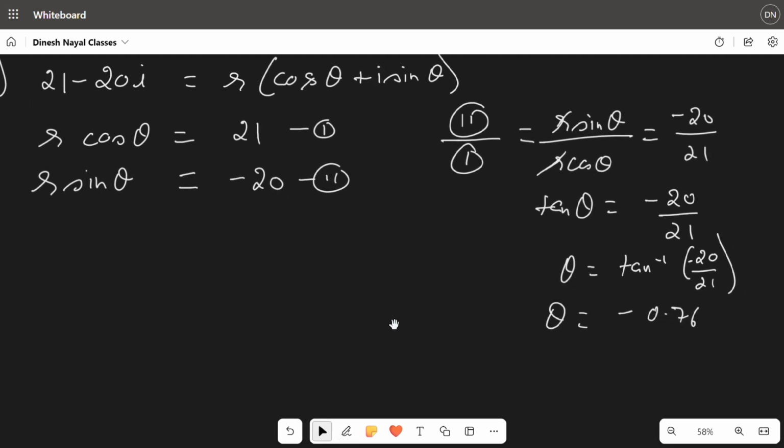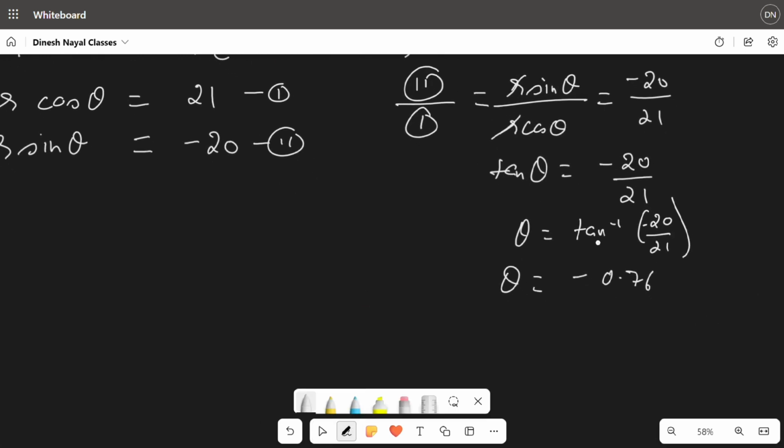Now you can take theta as minus 0.76, and if you want to convert it to positive, the thing you should remember is, in case of tan, you just take this value 0.76 and add pi to it. You use your GDC to get this. So theta is 2.38. So this is positive.